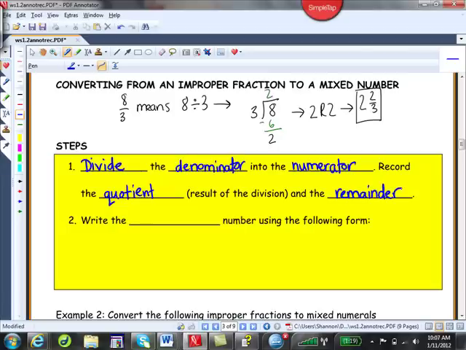Write the mixed number using the following form. You've got your quotient, and then you have your remainder, and that's going to be over the original denominator.